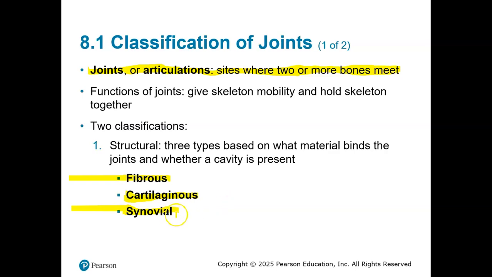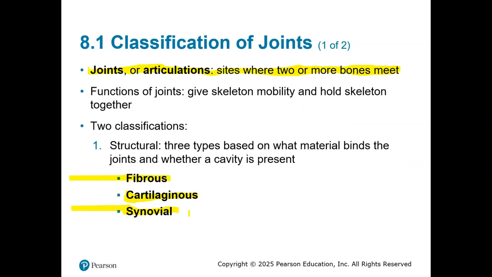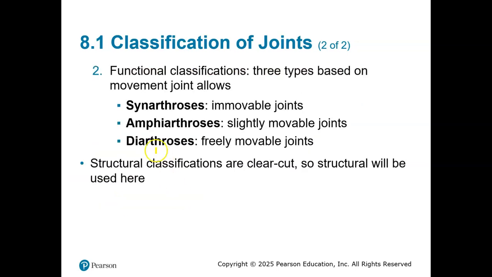Anyway, I'm sorry that I got distracted. The synovial joints are surrounded by a synovial membrane and synovial fluid, and they are freely movable. The structural classification is synovial, and the functional classification is diarthroses.